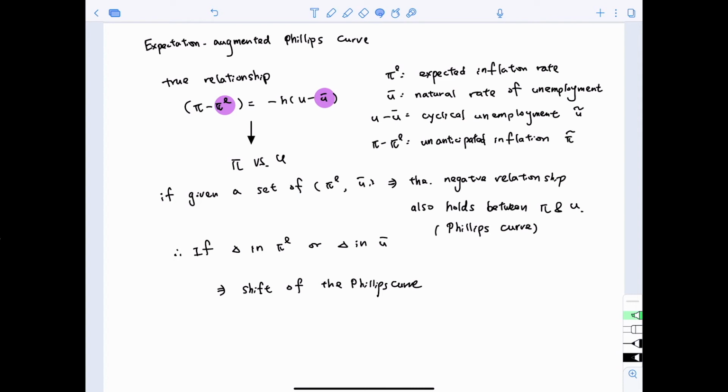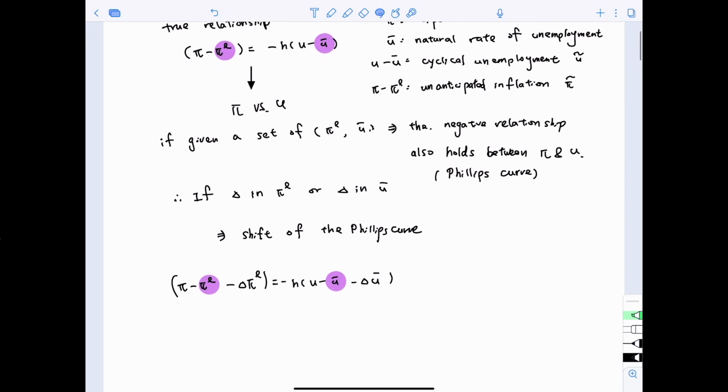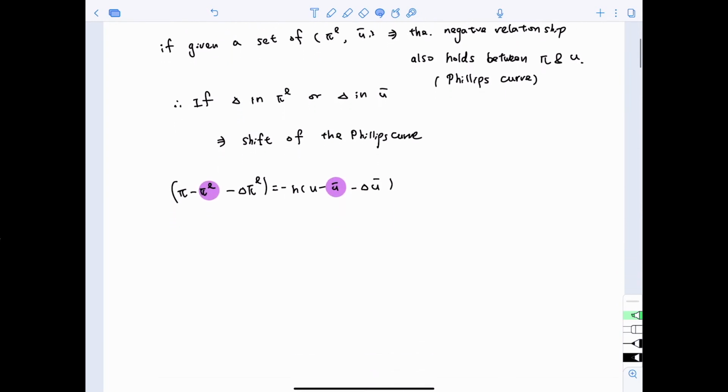So now we want to argue that if there is a change in the expected inflation rate and the natural rate of unemployment, then it will shift the Phillips curve, and we want to see how it shifts the Phillips curve. To begin with, when we allow the expected inflation rate and the natural rate of unemployment to change, we can insert another term, delta pi e and delta u bar, which indicates the changes in the expected inflation rate and the natural rate of unemployment.